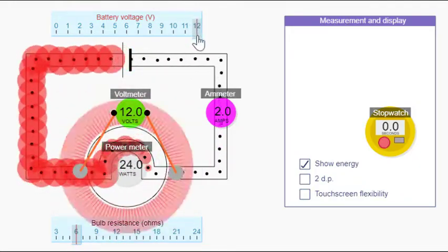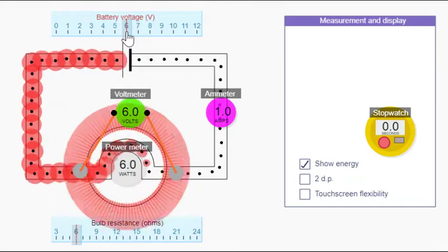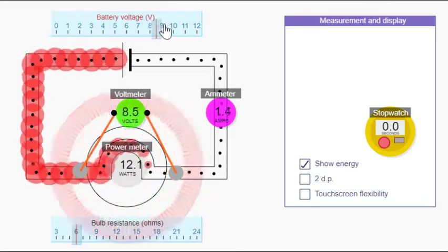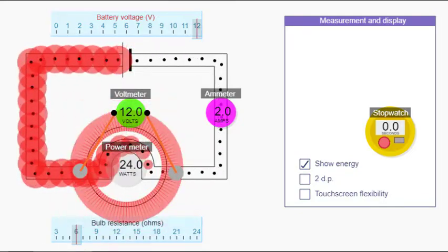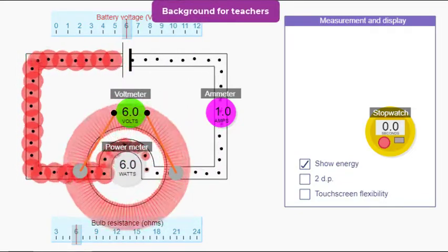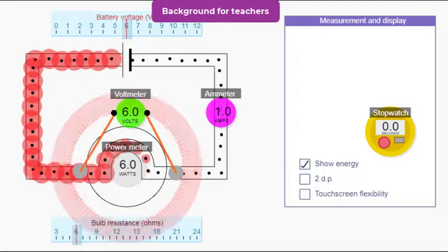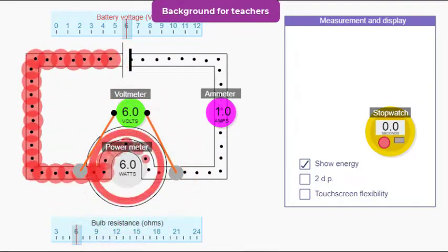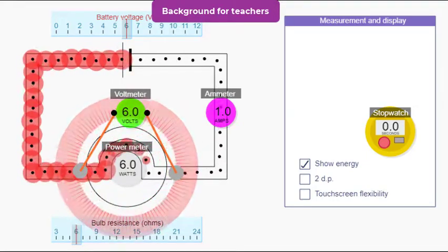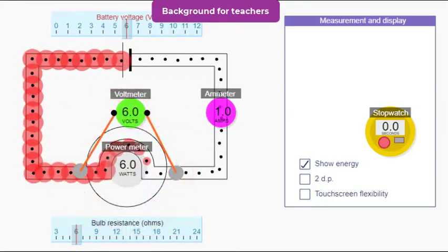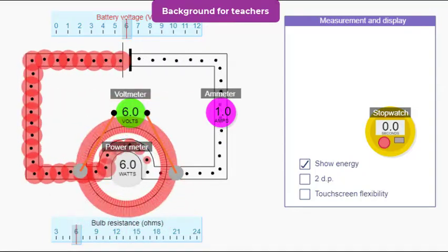And that's because doubling the battery voltage doubles both the potential difference across the bulb and the current through it. To make the numbers easier, the simulation behaves as if the bulb obeys Ohm's law. Doubling PD doubles current, but this is definitely not the case with real filament bulbs. They are very non-ohmic.